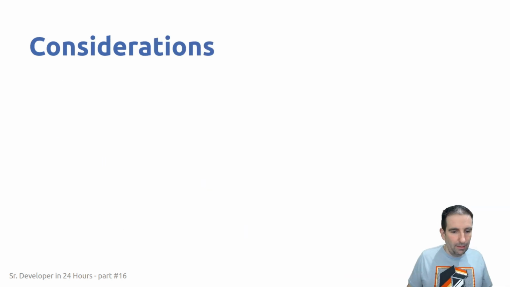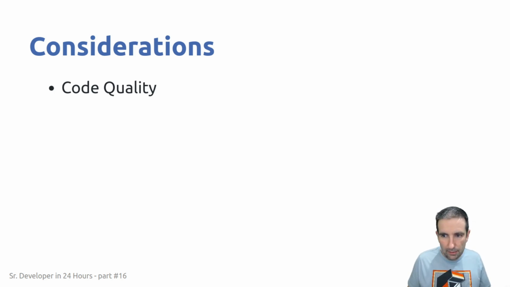With that said, let's talk a little bit about some of the considerations we need to have when we're thinking about using GenAI as part of our software development work. The first thing is we have to consider the code quality. GenAI is a fantastic technology.